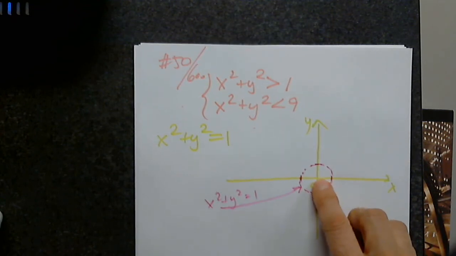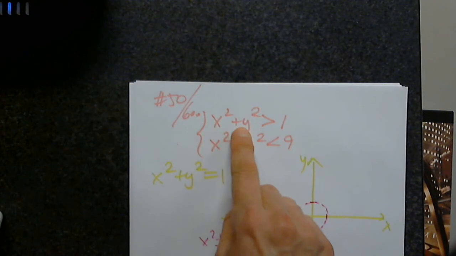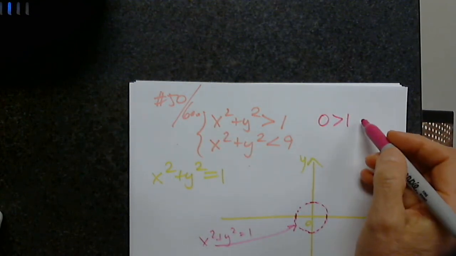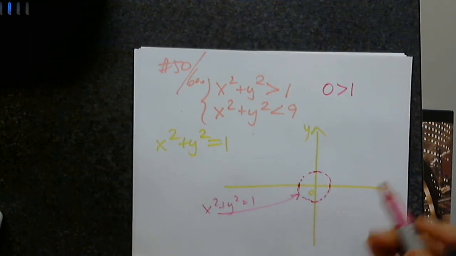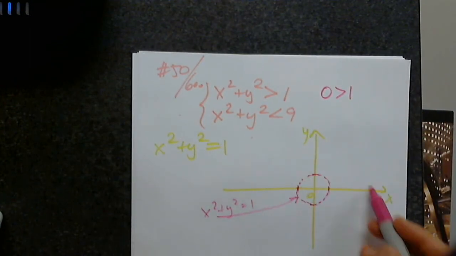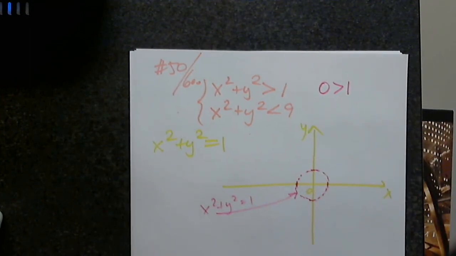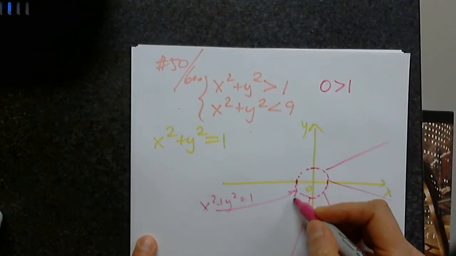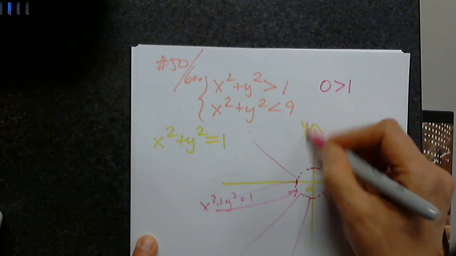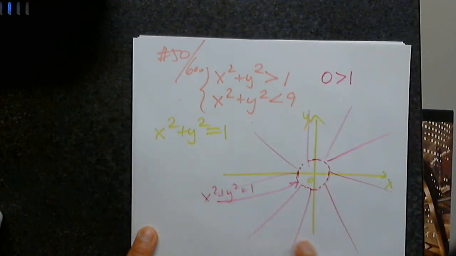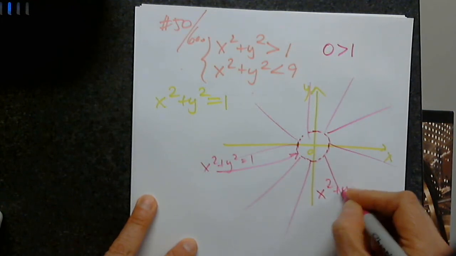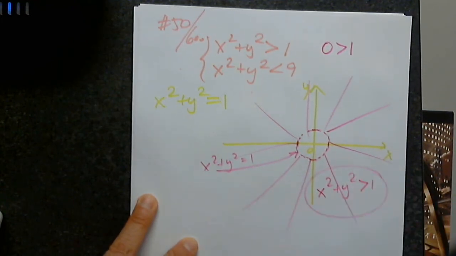I am going to check with the origin. (0, 0): 0 greater than 1. If you say true, I will shade in the inside. If you say false, I will shade in the outside. False indeed. So all the ordered pairs outside the circle give us the solutions to this inequality.